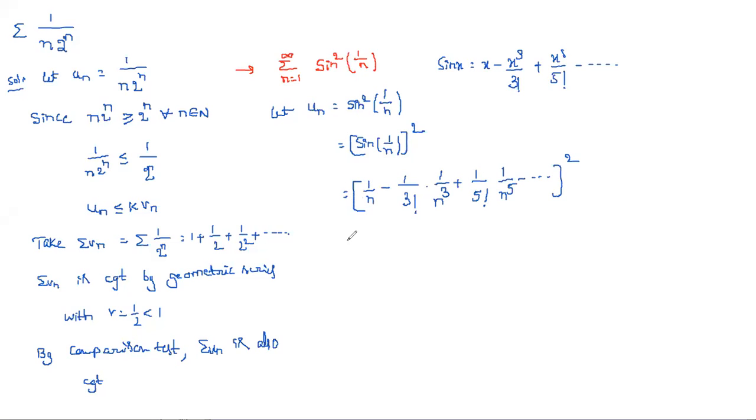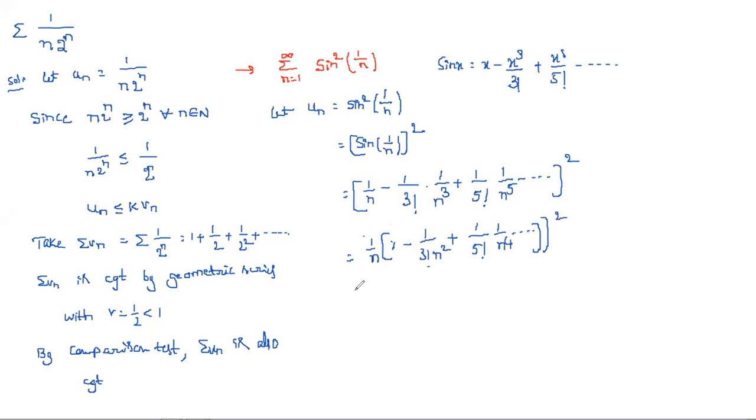Here we can take 1 by n common from this entire series, and we get 1 minus 1 by 3 factorial into n square plus 1 by 5 factorial into 1 by n power 4 minus and so on, whole square.